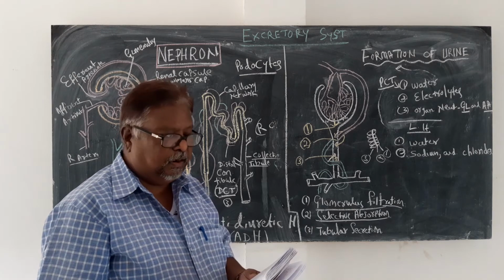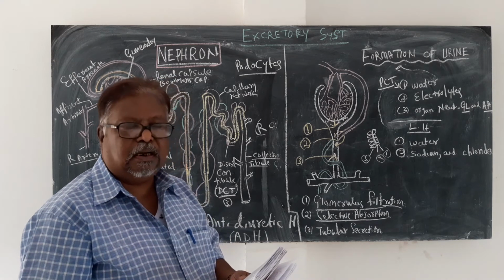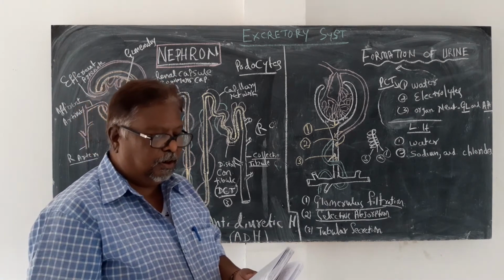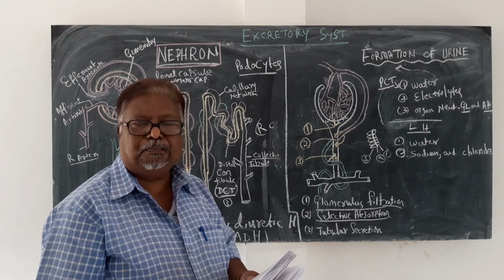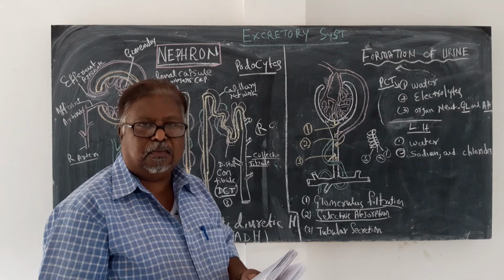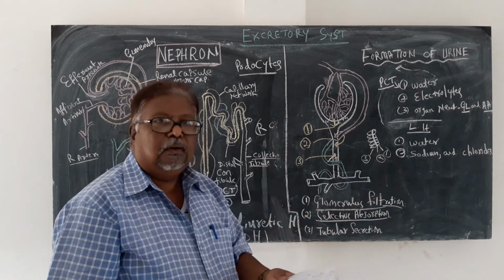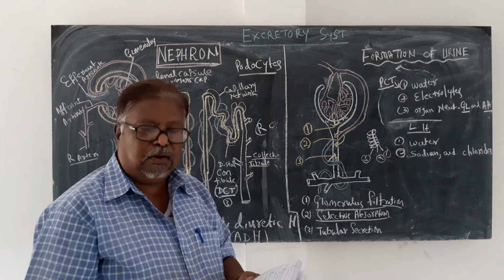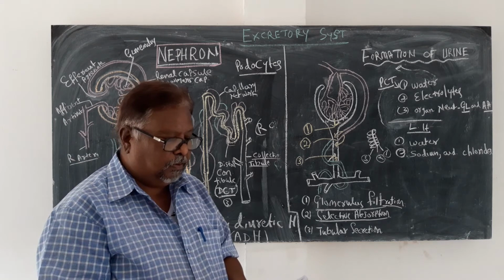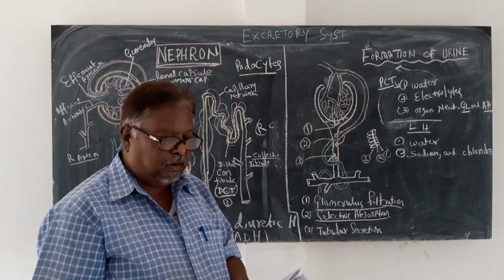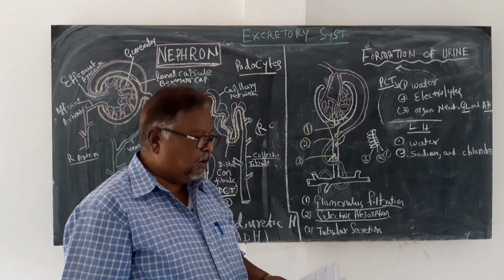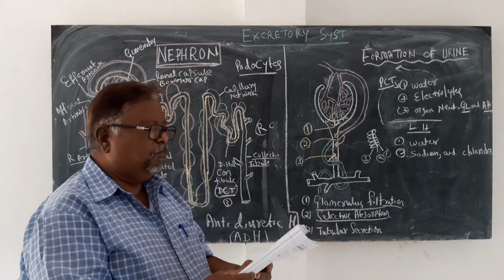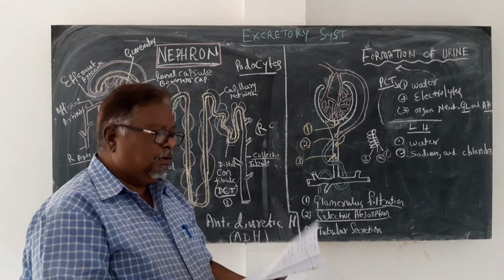This 15% is dilute urine due to reabsorption of more electrolytes, especially sodium. Sodium is also reabsorbed here, so the urine becomes very dilute. Selective reabsorption takes place by active transportation.